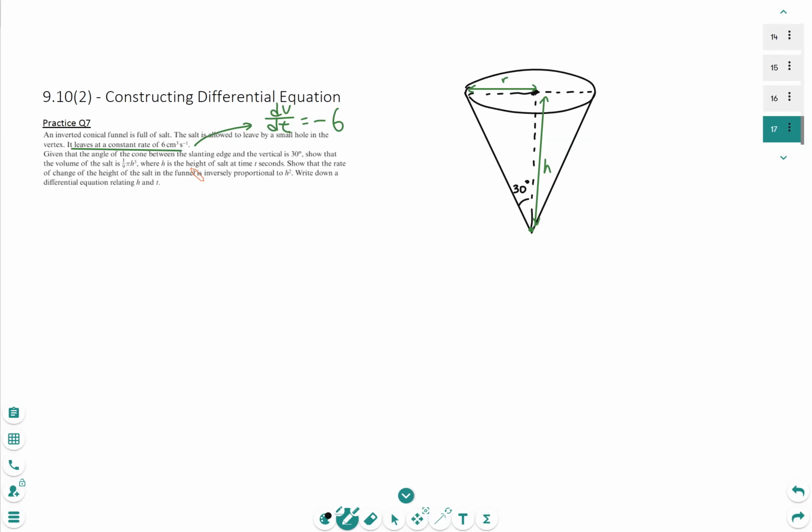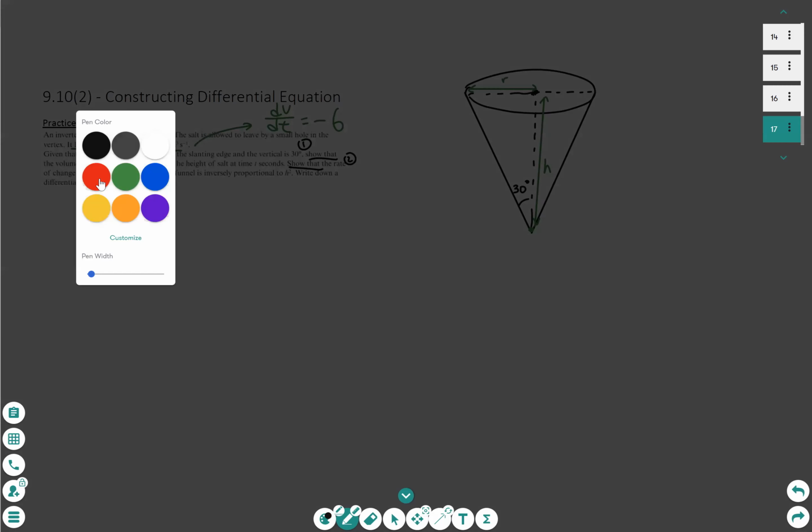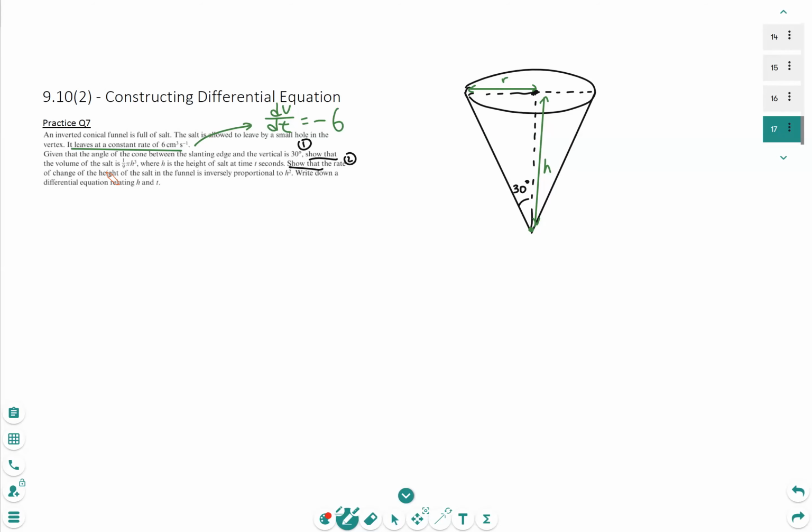Now that's the first question. I'm going to put 1 in there, where h is the height of salt at time t seconds. Then another show that. Show that the rate of change of the height of salt is inversely proportional to h squared.